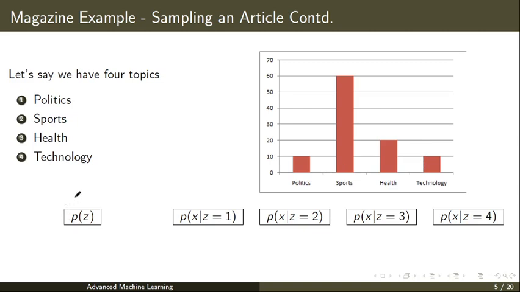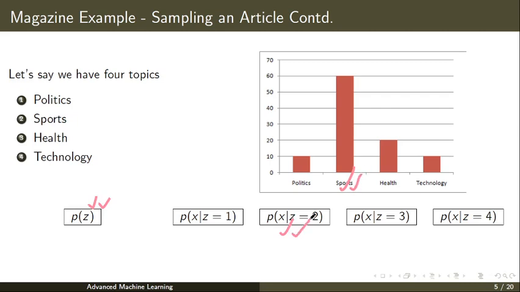So first we'll sample a value using your control variable, the latent variable. Once you obtain the latent variable, for example, you take a sample from this and you get the value sports. Then you take probability of x given z equal to 2, take one article from here, and you sample this again, you will get sports.